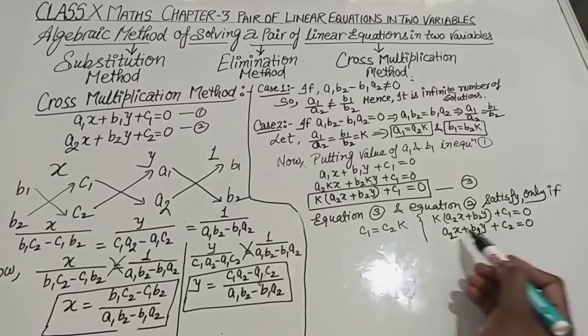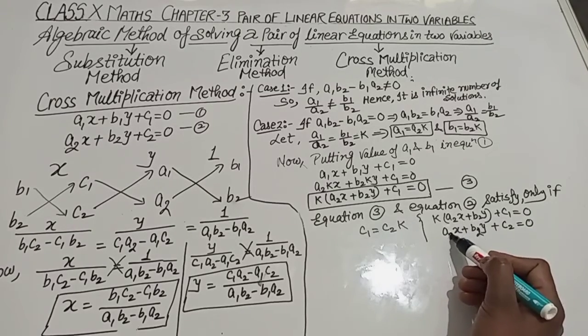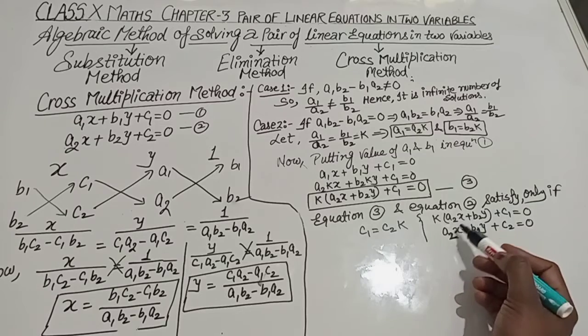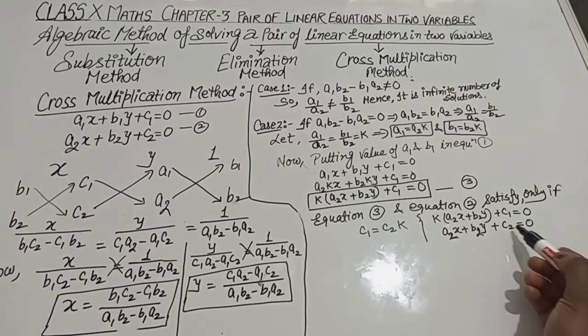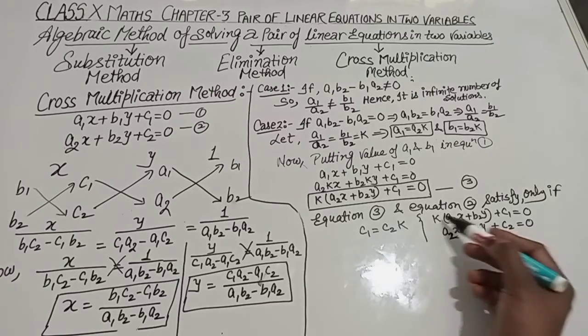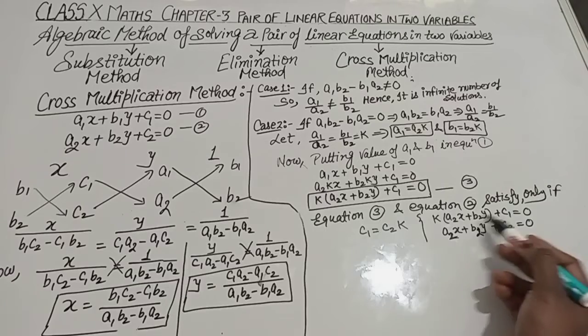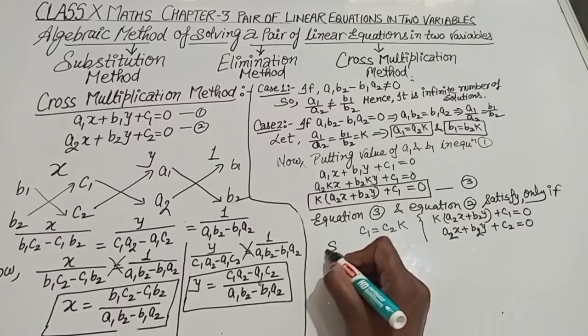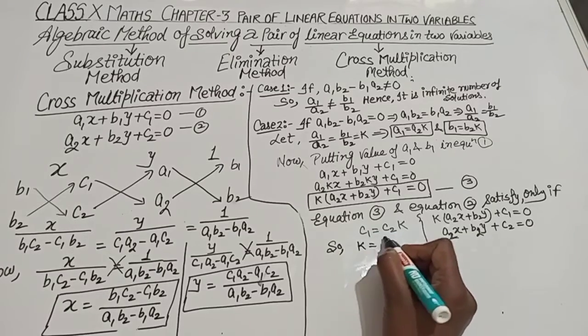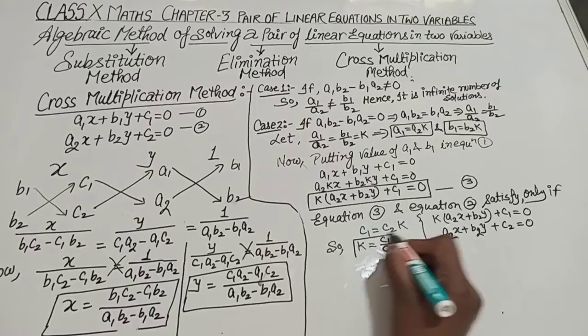When you compare them, the a2 terms cancel, so k c2 is equal to c1. So k is equal to c1 upon c2.